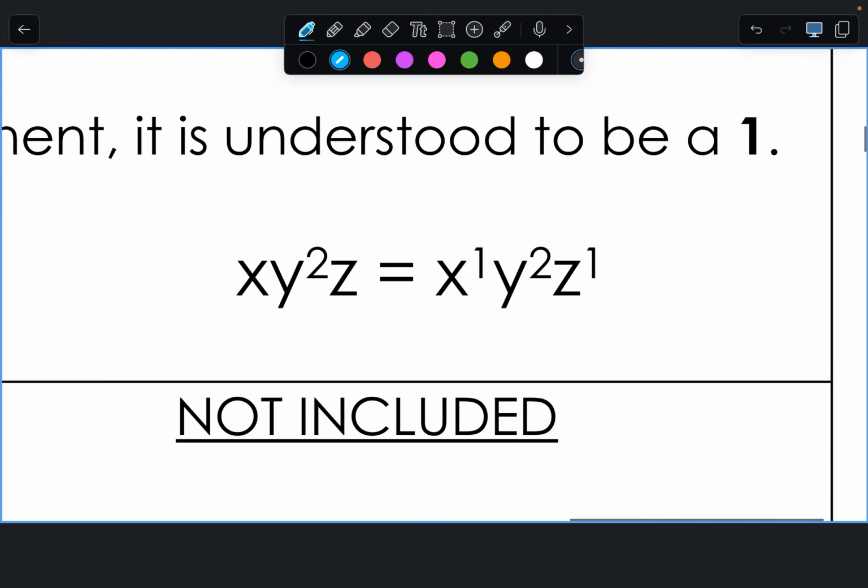So everything inside of the parentheses gives us 16. And then you distribute the negative 1. So negative 1 times 16 is negative 16.